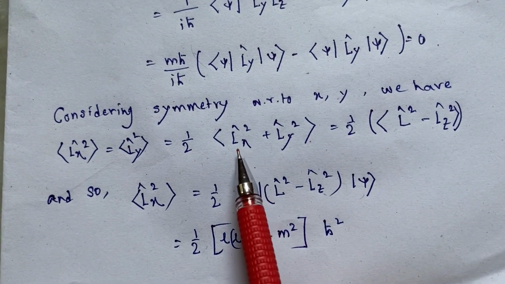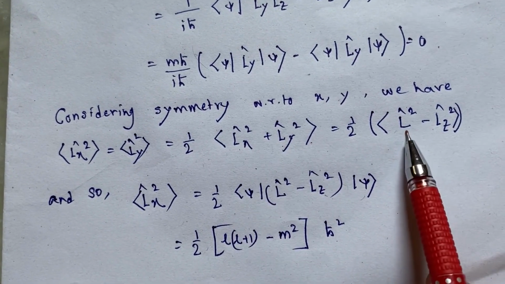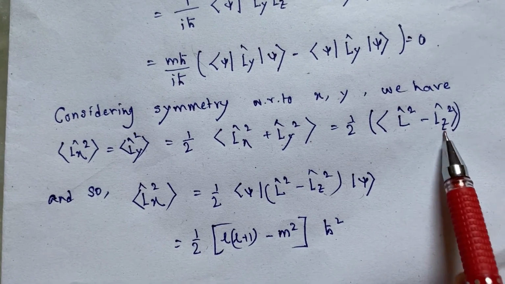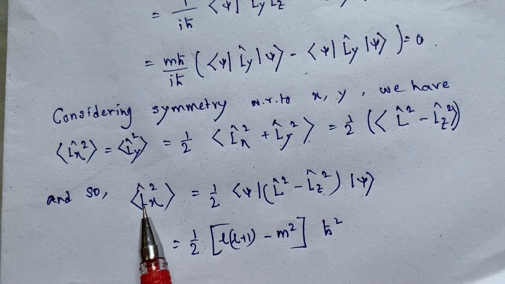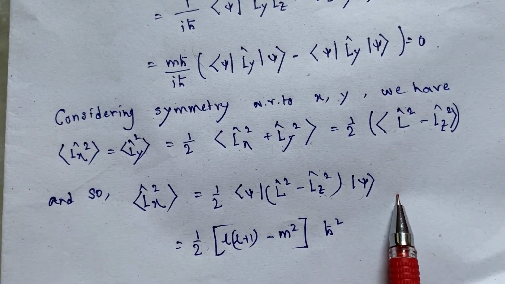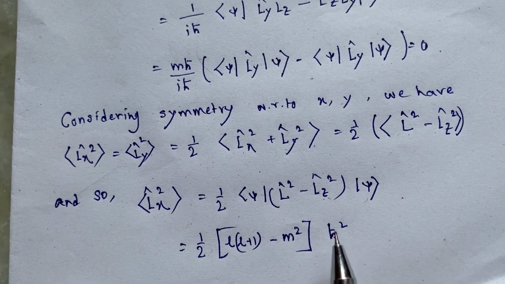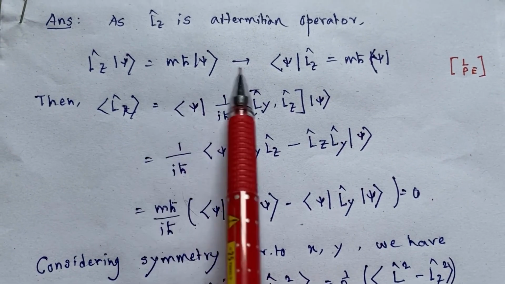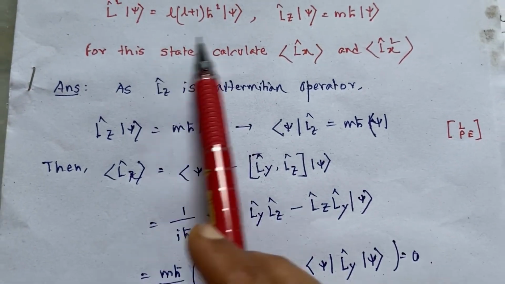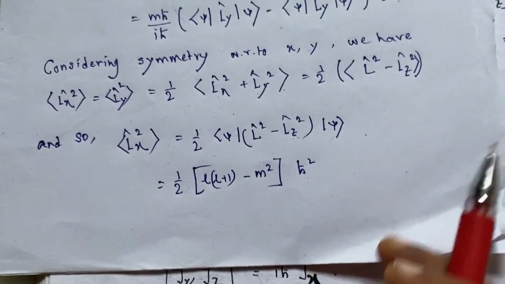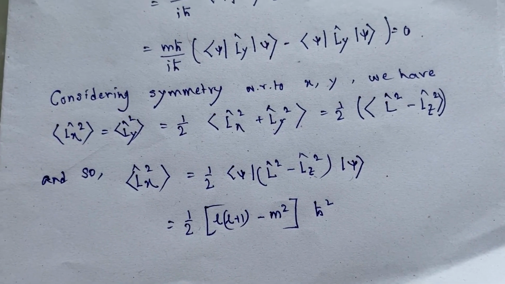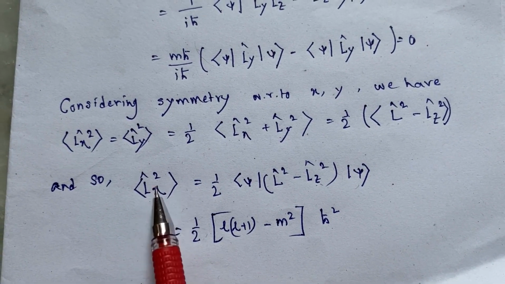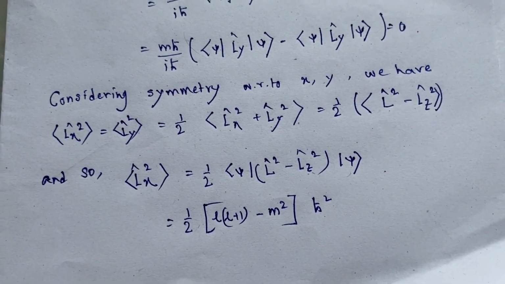And in place of Lx square plus Ly square, we can write L square minus Lz square. So here, in place of Lx square, if we apply this and use these relations, we have obtained this. So this is the expectation value of Lx square on psi.